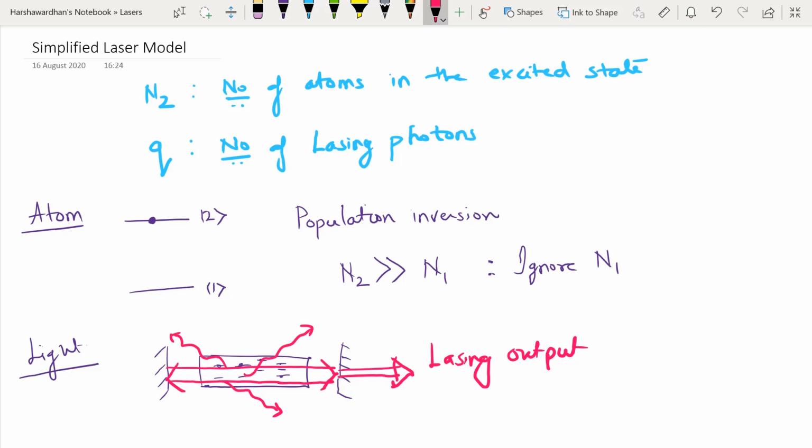It is only the fraction of photons within the cavity that contribute to the lasing output that are of interest to me. So this Q is the number of lasing photons, and I should qualify this within the resonator or the optical cavity.